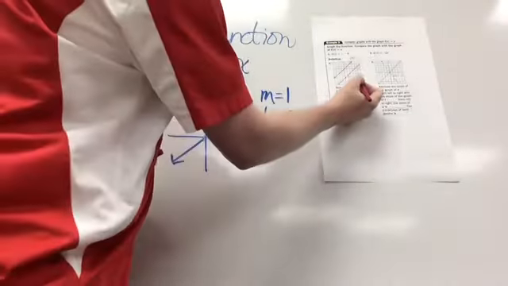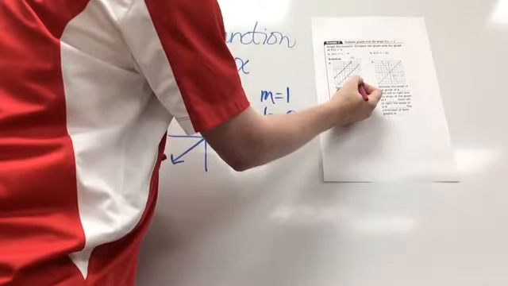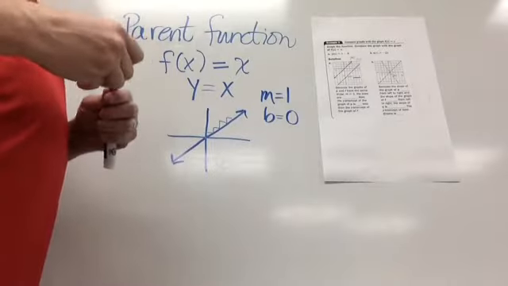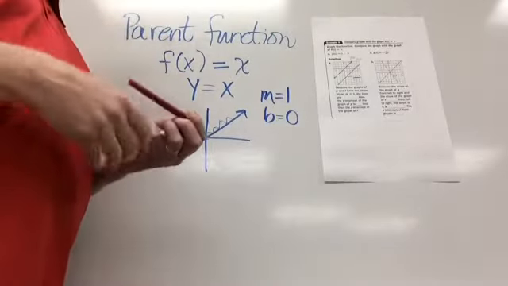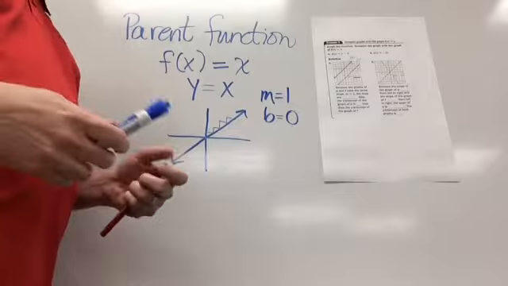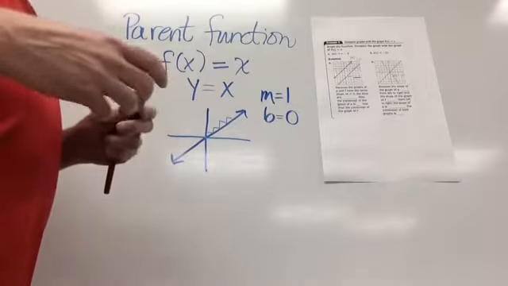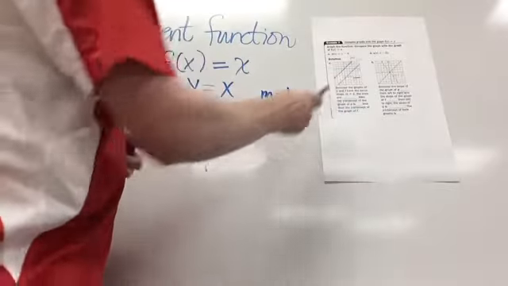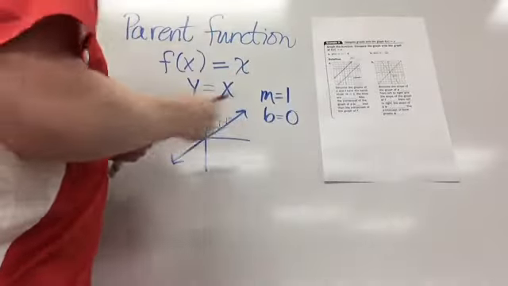So you'll notice that the slope is the same because m is still 1, but the y-intercept is different. And when we have the same slope but a different y-intercept, the lines are parallel and a translation. So this dotted line right here is a translation of the parent function.